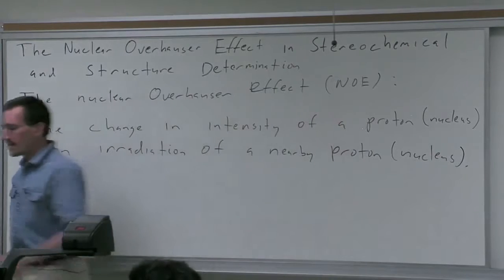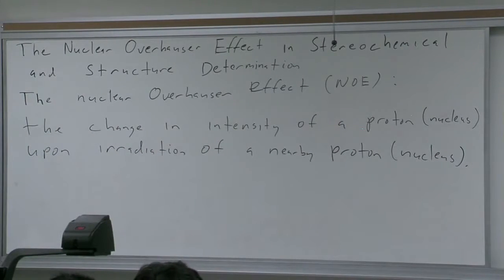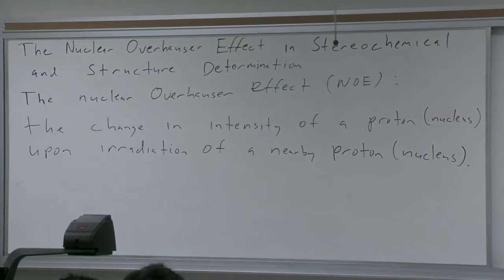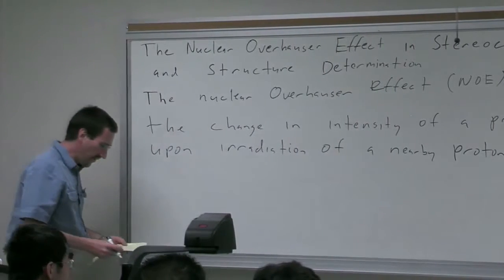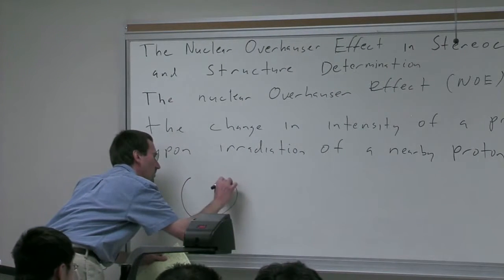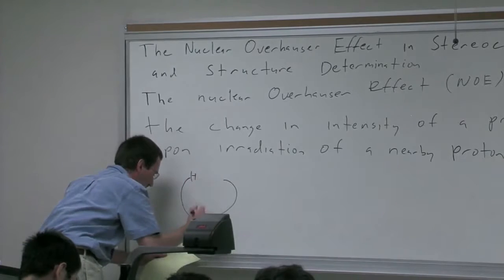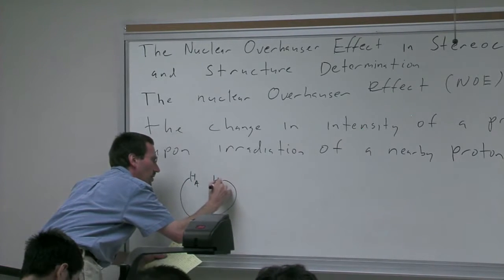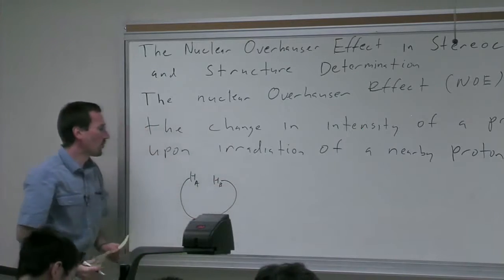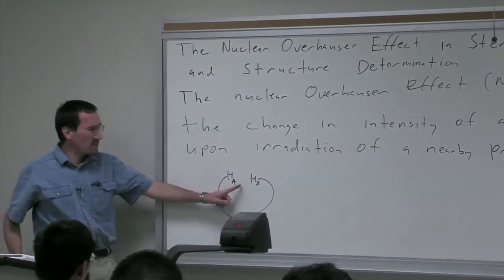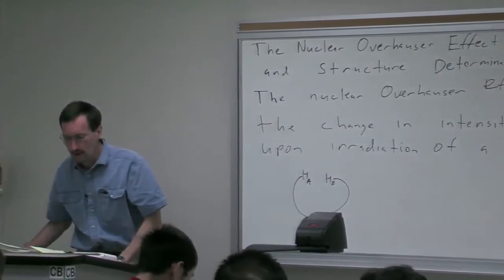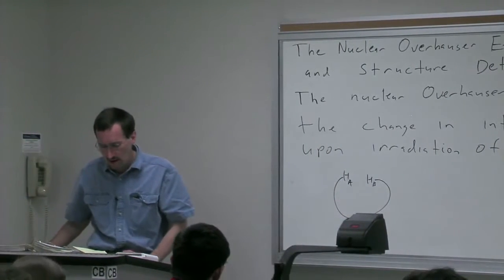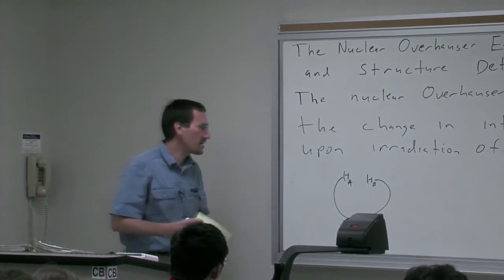And so what do I mean? So let's say from the point of view of a molecule, you have two protons, of course it could be a proton and a C13, in a molecule like so, where they're near to each other in space, not necessarily in connectivity, but they're just a few angstroms apart in space.